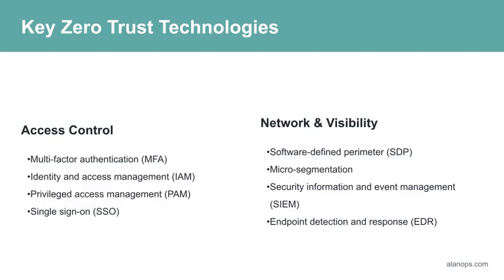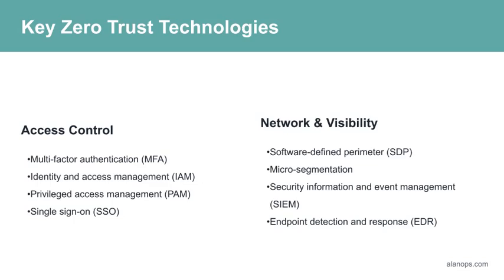So what technologies actually enable this? You don't need to memorize this list, but let me highlight just a few key ones. Multi-factor authentication and identity access management. This is your foundation. Identity first, always. Micro-segmentation. This limits lateral movement.